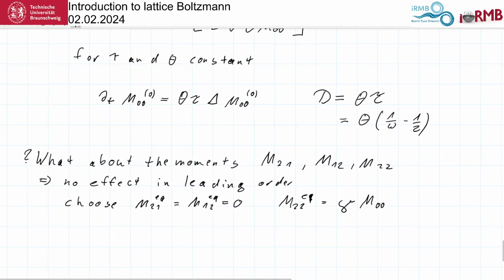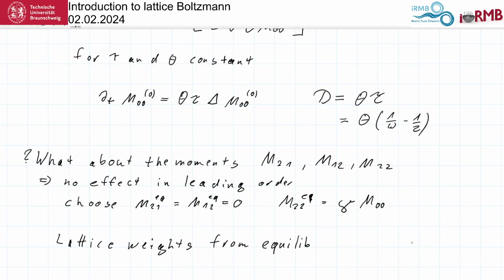Okay, we want to build a BGK model, so we'll have to deal with the so-called lattice weights that we get now out of our equilibrium moments. How does this work?